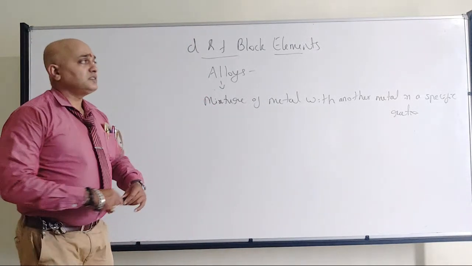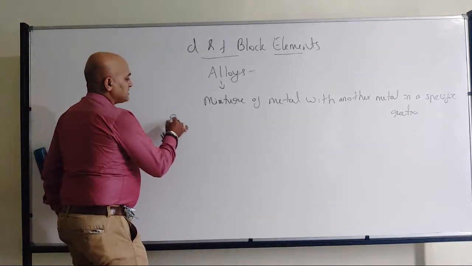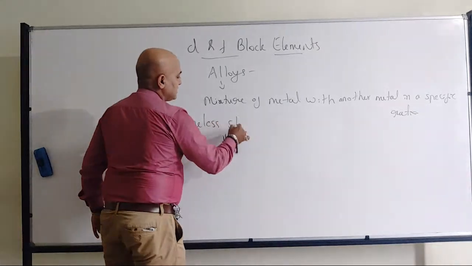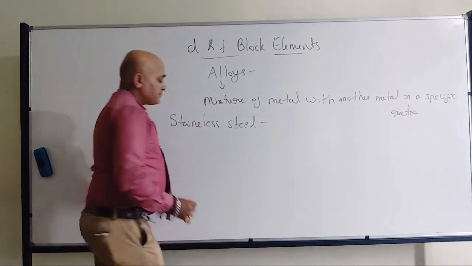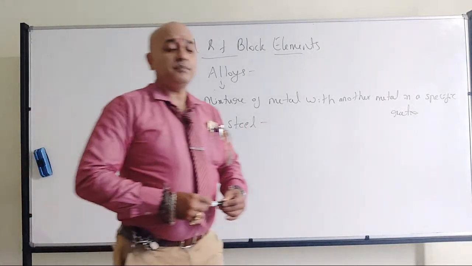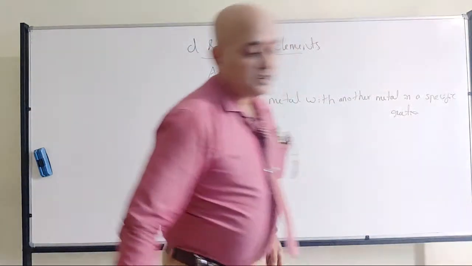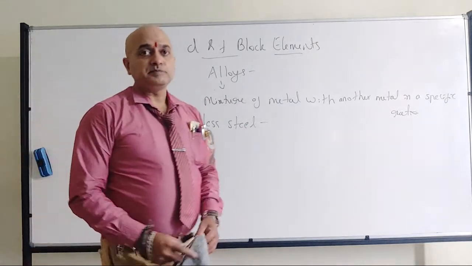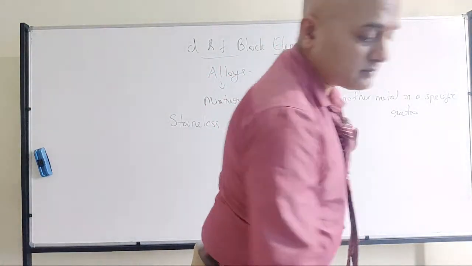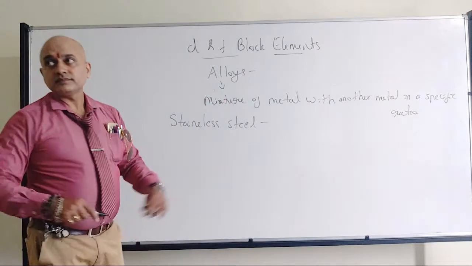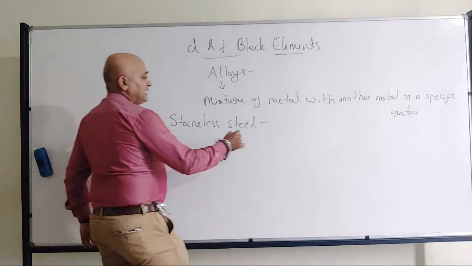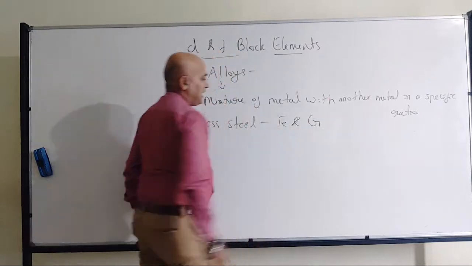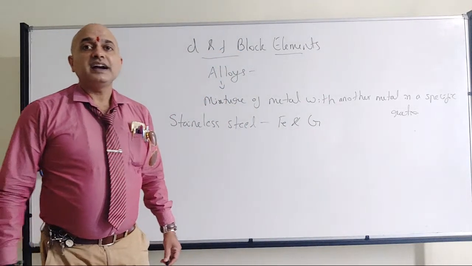Now one example, a very commonly used one, is stainless steel. Can any one of you tell me what the combination is? Which metals are present? Iron, chromium, cobalt... Okay, normally stainless steel will be iron and chromium. I am not giving the percentage, I have forgotten.